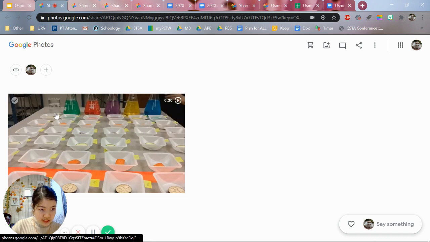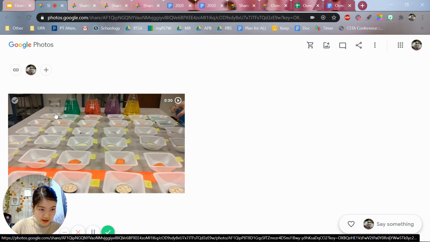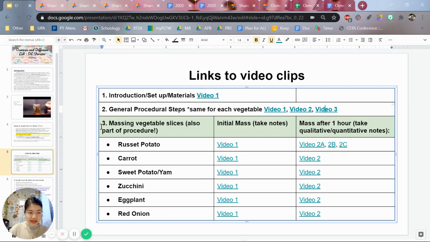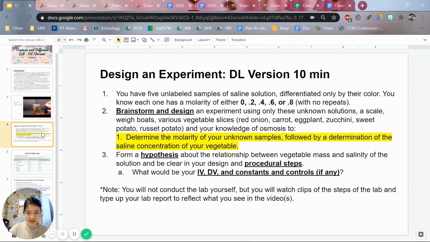This last one that you see here, the graduated beaker, contains tap water, and that's the control. So again, you can have these discussions with your class as a class, or have them discuss in groups and then bring them back, or you can guide them through the process.